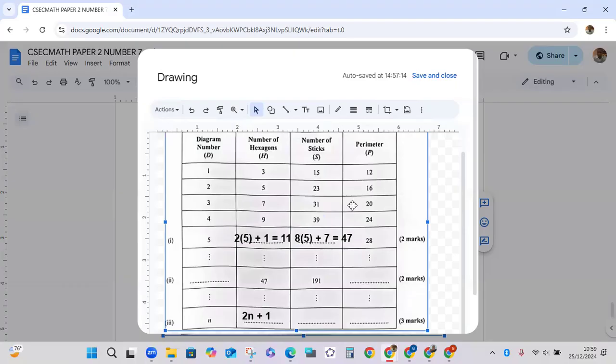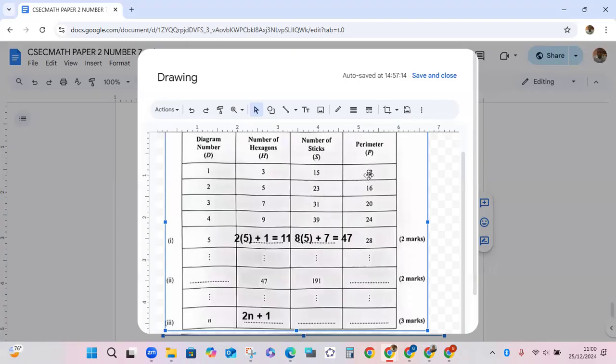And we can apply the same for the perimeter. Let's see if the difference is constant. The difference between successive terms is constant. 16 minus 12 is 4, sorry. 20 minus 16 is 4. 24 minus 20 is 4. 28 minus 24 is 4.